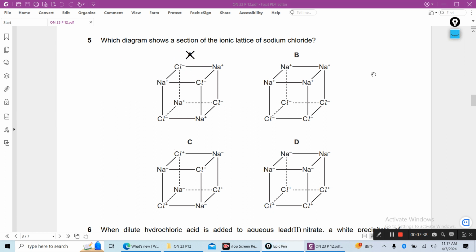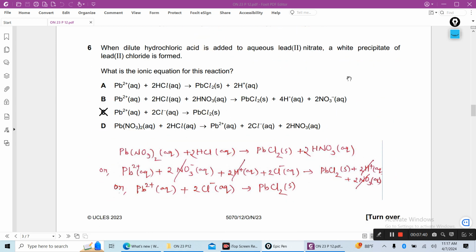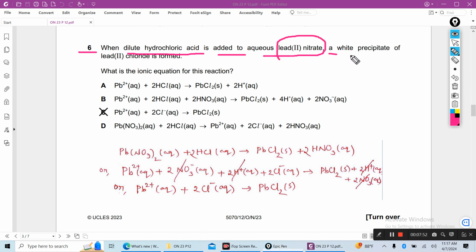Next, number 6. When dilute hydrochloric acid is added to aqueous lead(II) nitrate, you know, lead(II) nitrate is soluble in aqueous solution. A white precipitate of lead(II) chloride forms. White precipitate means lead(II) chloride is formed in solid form. Precipitate means solid form. What is the ionic equation for this reaction?